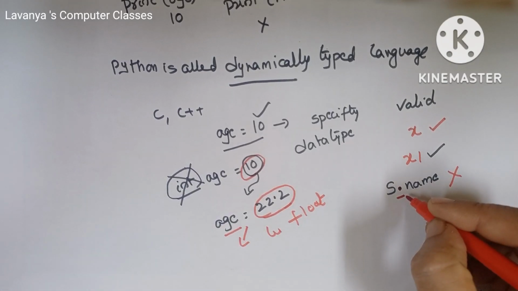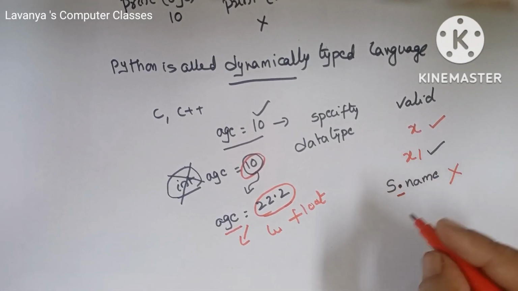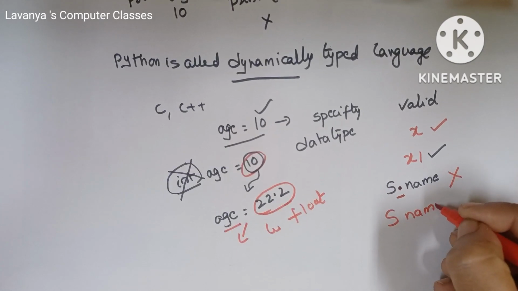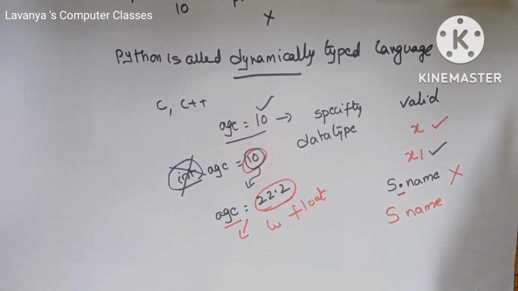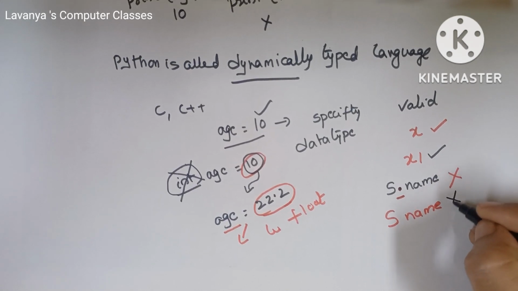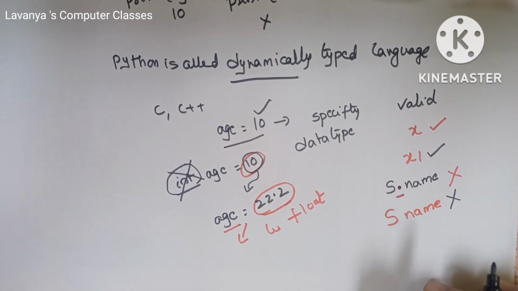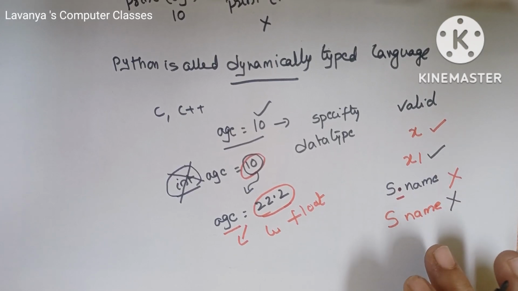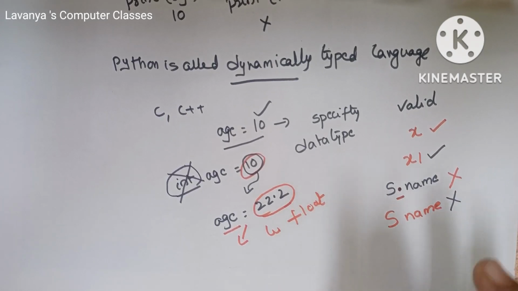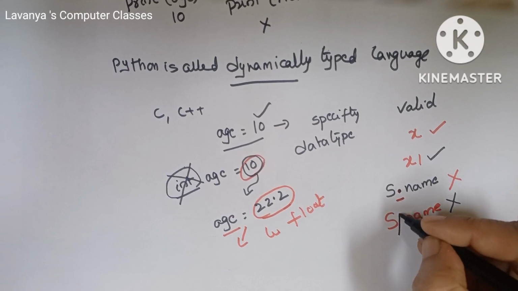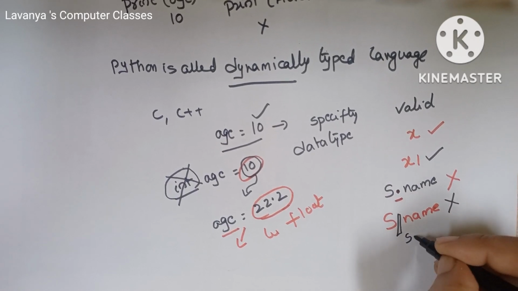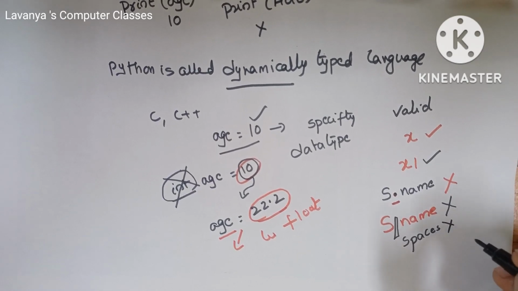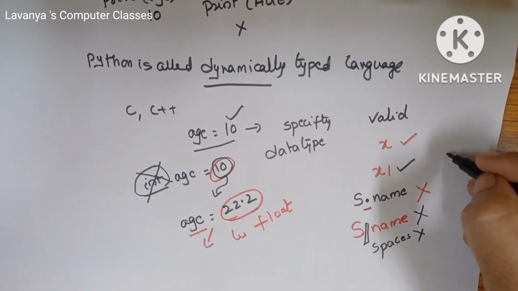Here dot is a special symbol, so it is not accepted. For example, this one, 'yes name': is it a valid variable? It is also not valid. Why? It does not contain any special symbols, only alphabets. Then why is it not accepted? It contains a space. Spaces are also not allowed in a variable name.